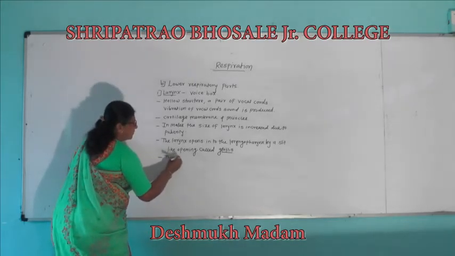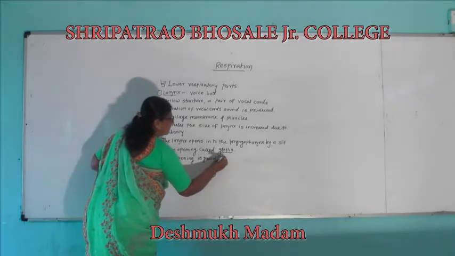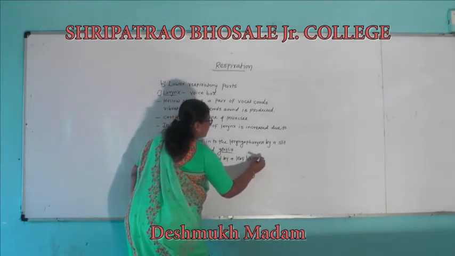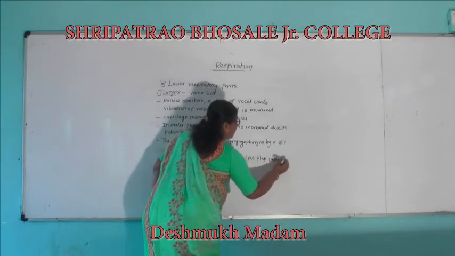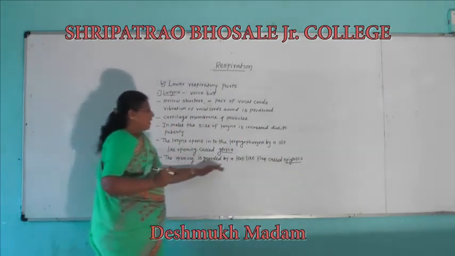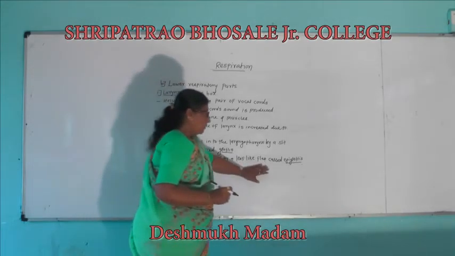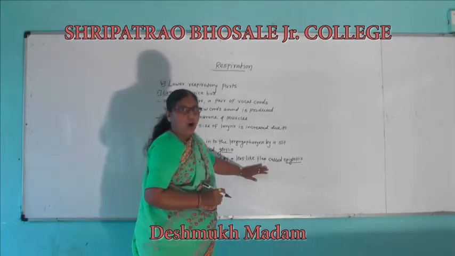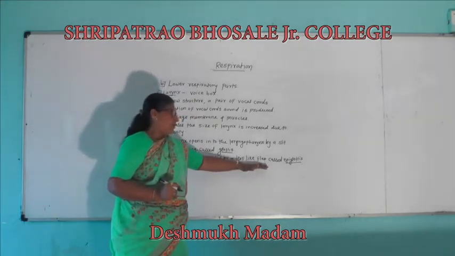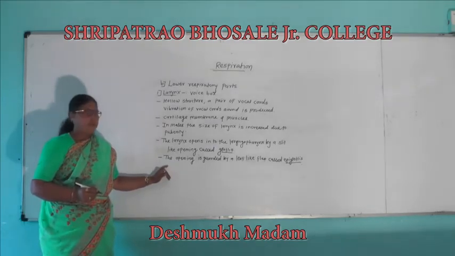The opening is guarded by a leaf-like flap called epiglottis, which prevents the entry of food into the trachea.